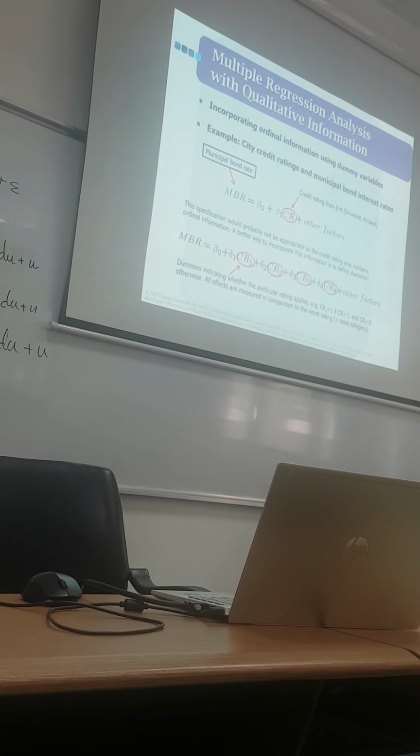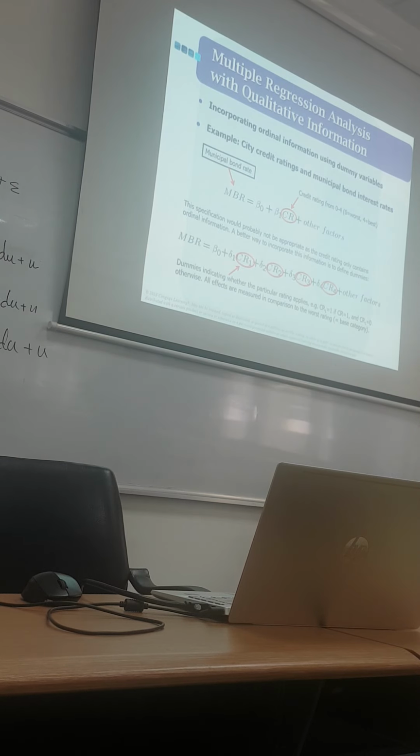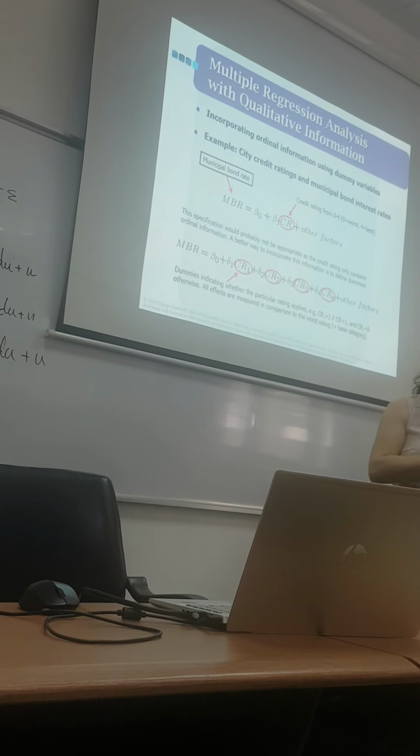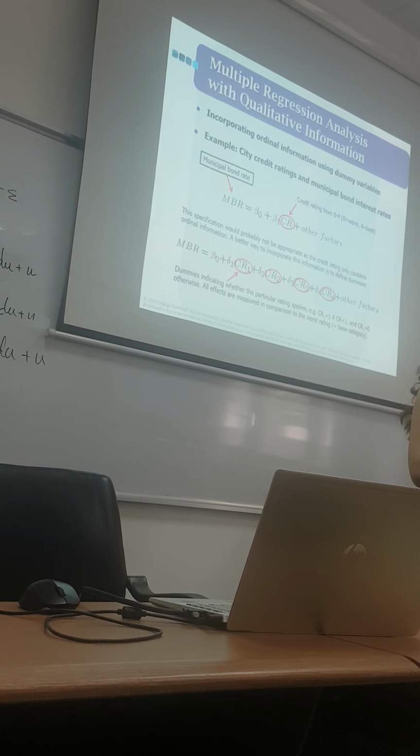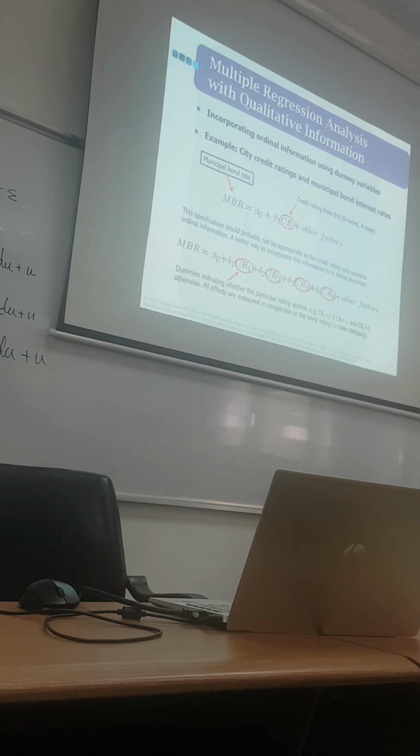The credit rating here, for example, ranges from 0 to 4. A higher credit rating means lower risk. Lower risk will have a lower interest rate. We want to see the relationship between the rating of the city and the bond issued by that city.